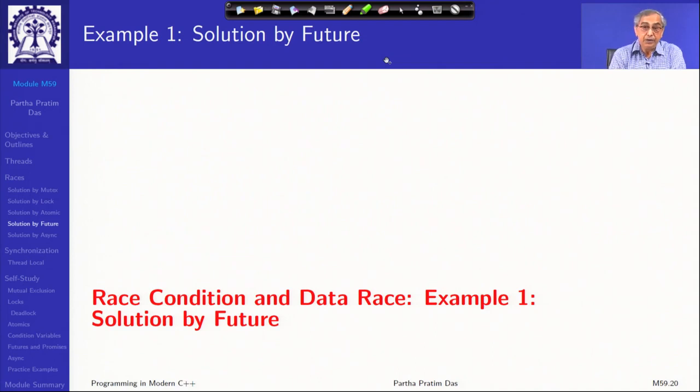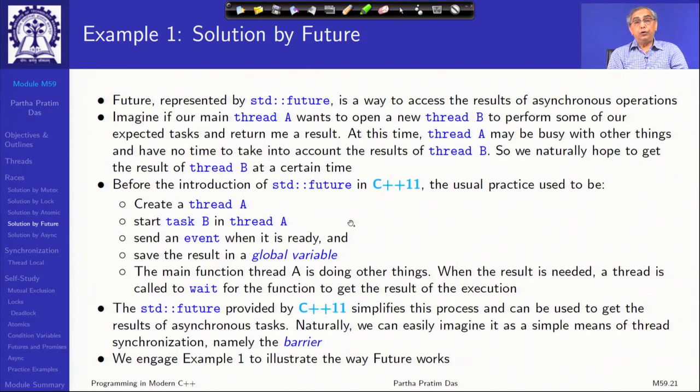Now we look at a new solution using what is known as future and promise. Future is a way to access the result of an asynchronous operation. Threads are doing things on their own, so they are not synchronized. Someone is computing, and someone else needs to use that.